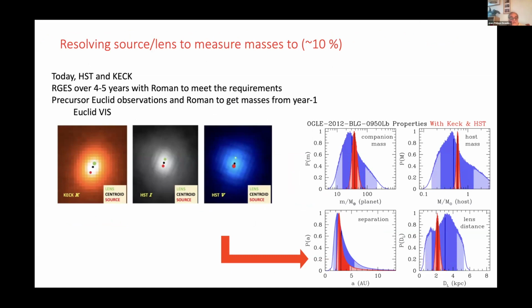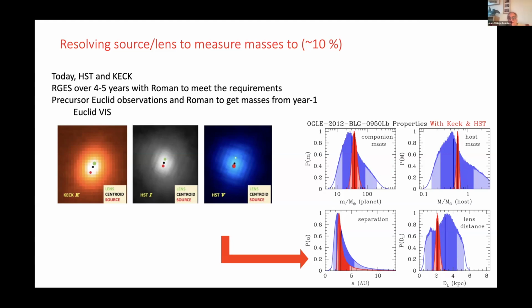You see an elongation of the PSF, which is due to the fact that source and lens were slightly resolved. When you use these constraints on source and lens, which translate immediately into constraints on the relative source and lens proper motion, and plug them into the microlensing model, you get good constraints on the physical parameters of the system.